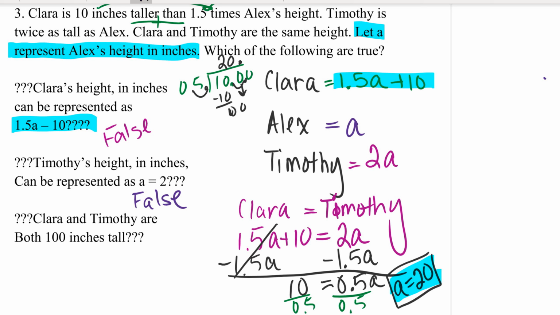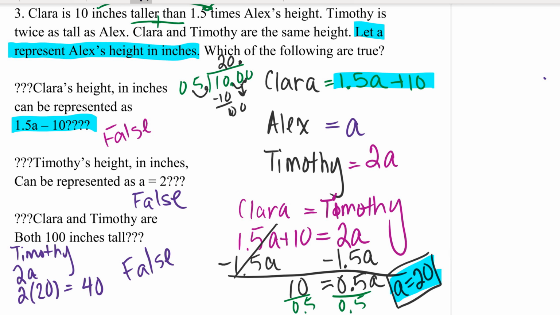It says that Clara and Timothy are both 100 inches tall. Well, let's see. Timothy, it said 2A, 2 times 20. 2 times 20 equals 40, and that's not 100 inches tall, so this is also false.